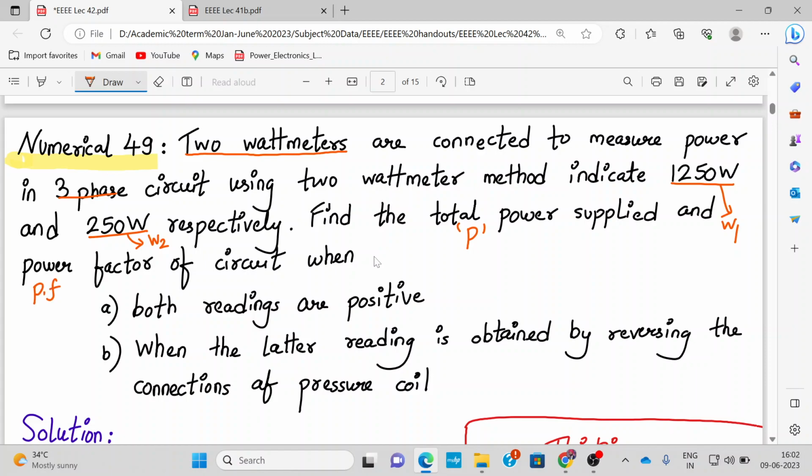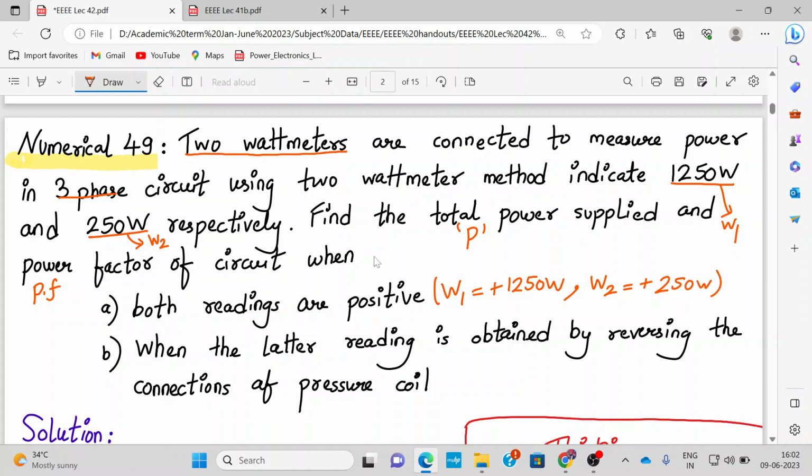Okay, under these situations when both the readings are positive. All right, so this is the first situation when both the readings are positive. The second is when the latter reading is obtained by reversing the connections of the pressure coil. So in the first case we have to use W1 equal to positive 1250 watts and W2 as plus 250 watts.